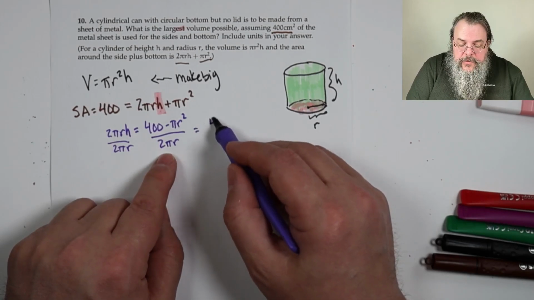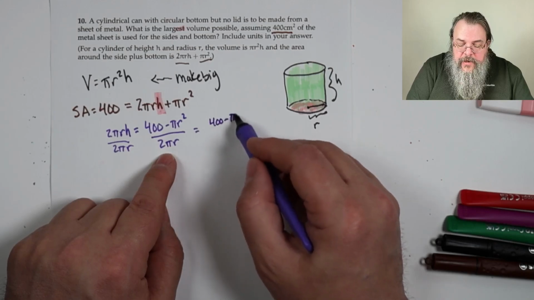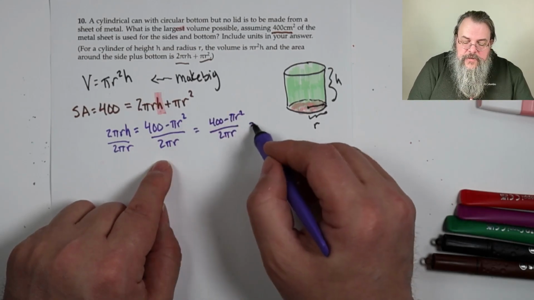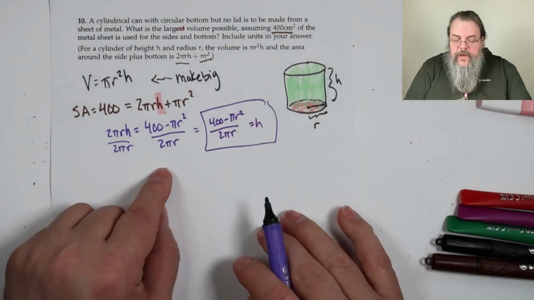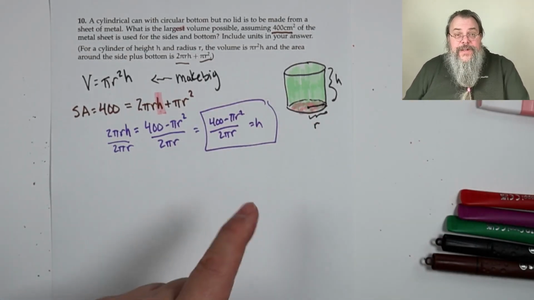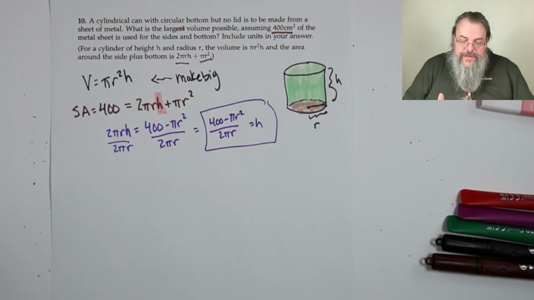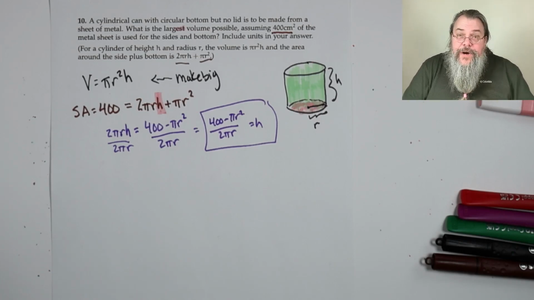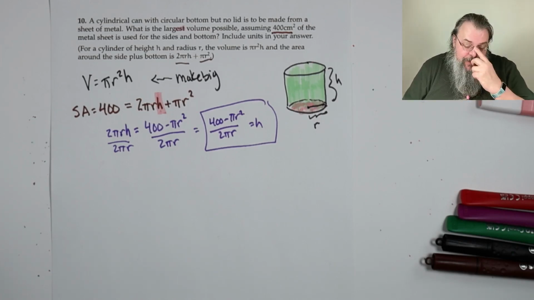So we have 400 minus pi r squared over 2 pi r is h. Okay. Great. Good. Now, I put a box around it. That's not my answer. This is just like a useful intermediate step. I shouldn't have boxed it. I just love boxes. Every day is Boxing Day, even if we don't live in the UK.